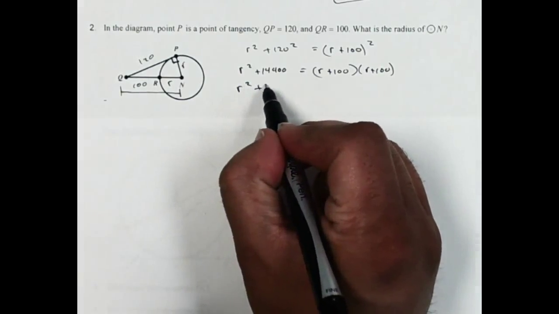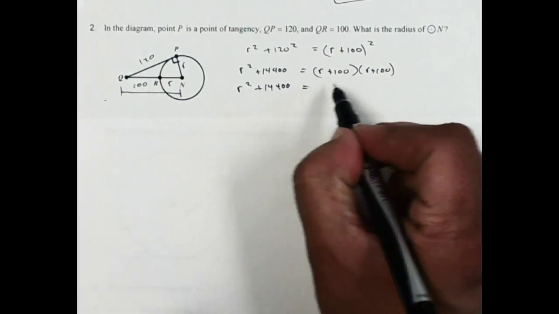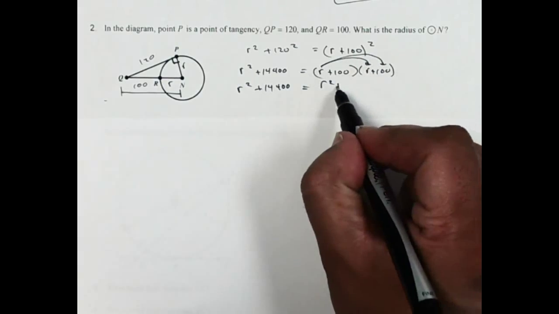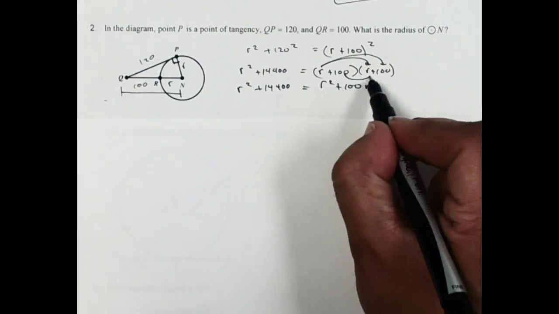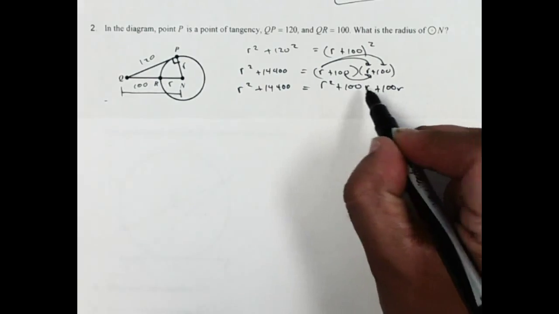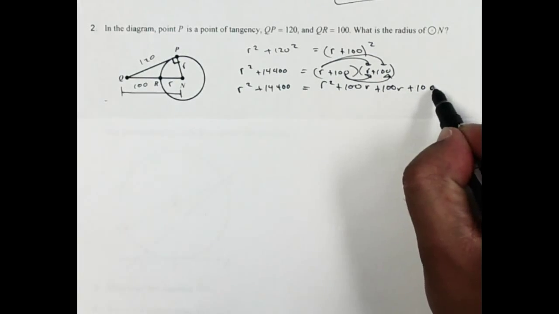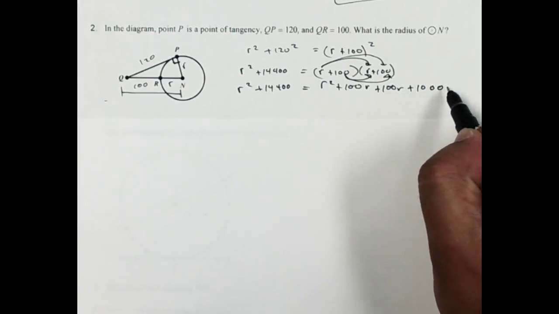So r squared plus 14,400 is equal to r squared, and then I have plus 100r plus another 100r plus 10,000.